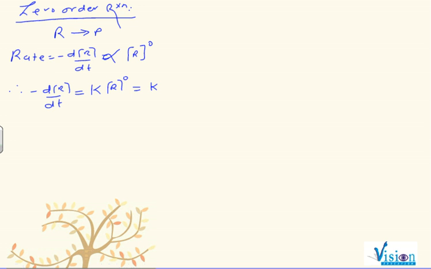If I bring dt to the other side, that means dR equals to minus k dt, including the negative sign we brought to the other side. Now, integrating on both sides.